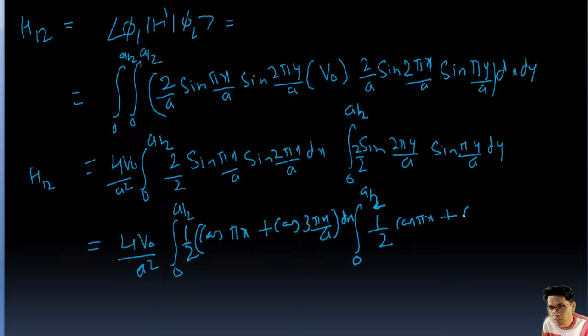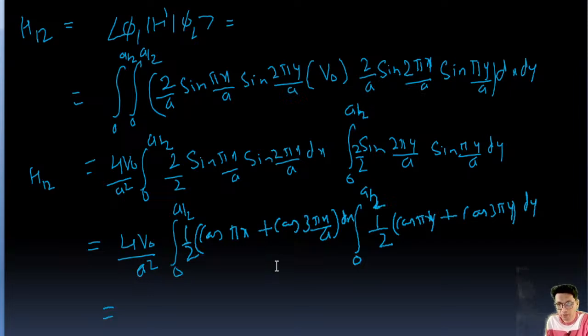So this is going to be cos 3 pi y dy. Now it's very simple, you can easily integrate it. You know the integration of cos pi x, cos 3 pi x, similarly this. So you can do it, a simple integration.